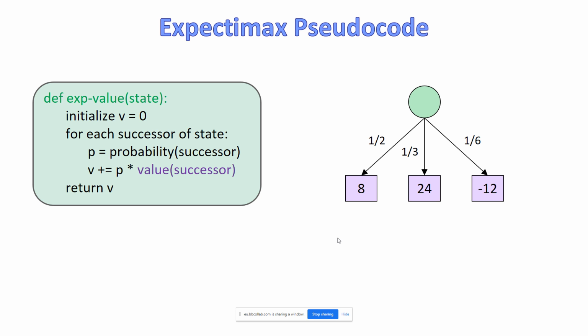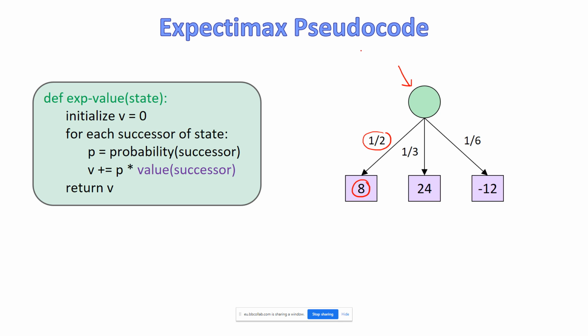Now, this is another example. If I want to compute the value of this node here, this is a chance node, and I have these probabilities and these utilities, then the value here will be computed as a weighted average. So I will add up the multiplication of the probability with the utility value.